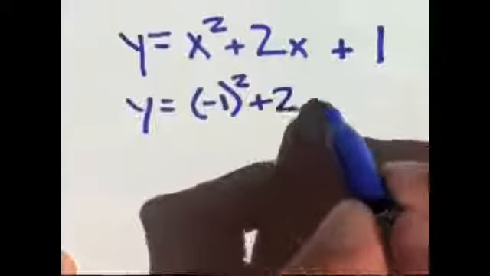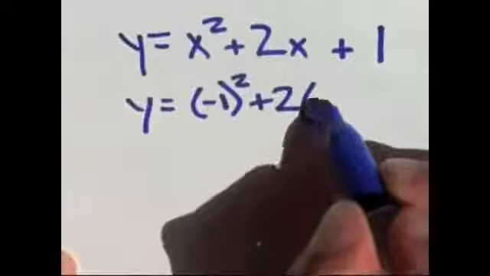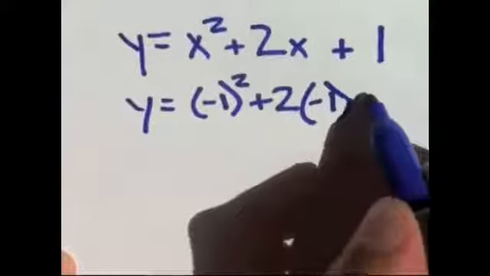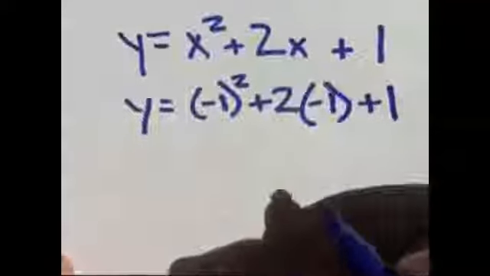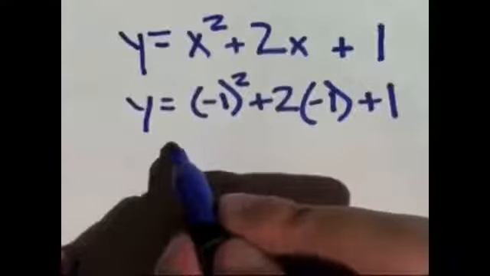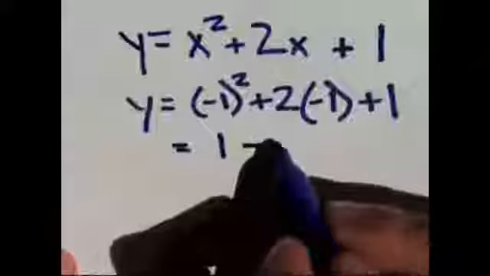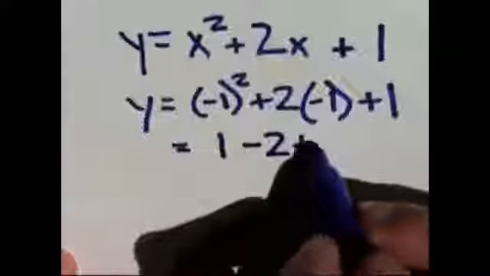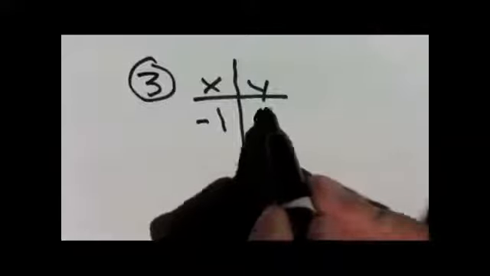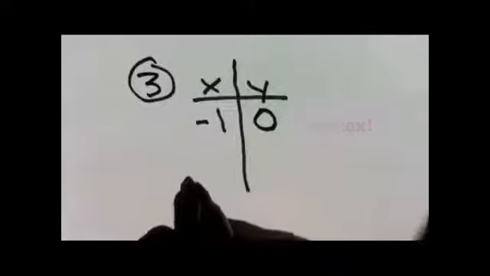So negative 1 squared plus 2 times negative 1 plus 1. Alright, now negative 1 times negative 1 is 1 minus 2 plus 1, which is 0. Yeah, that's our vertex.